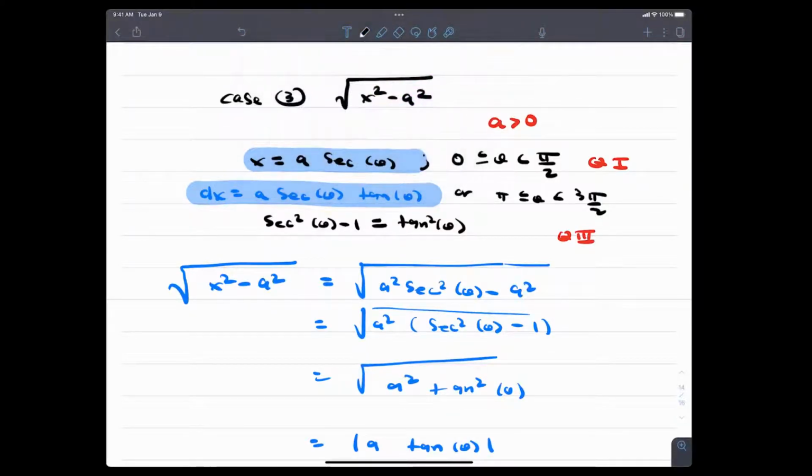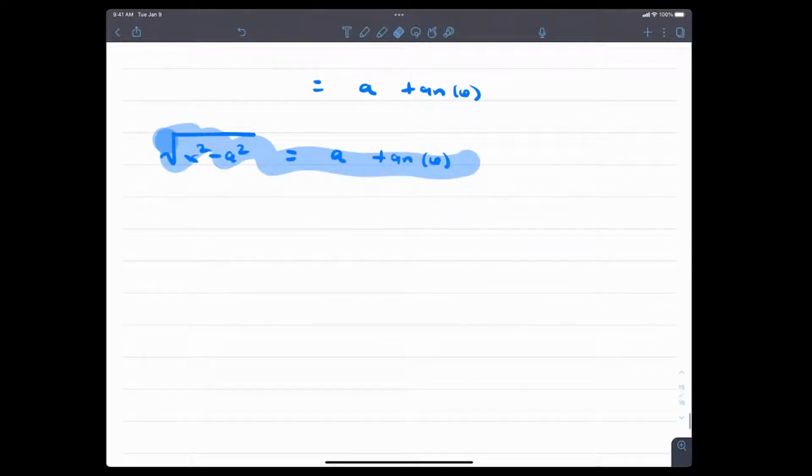All right, so actually the simplest example, believe it or not, they have a really good example of this integral: 1 over the square root of x squared minus 1 dx. A really simple example of case 3.